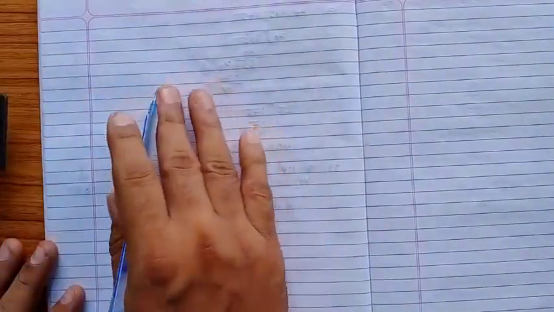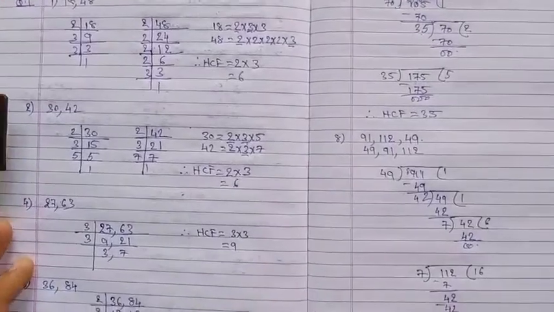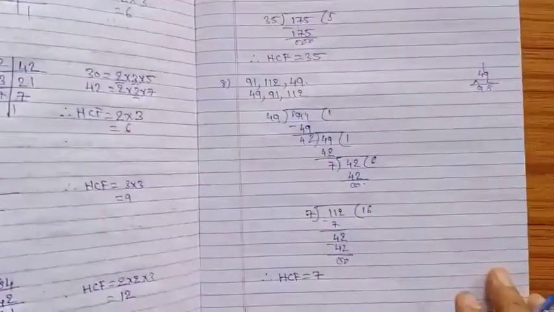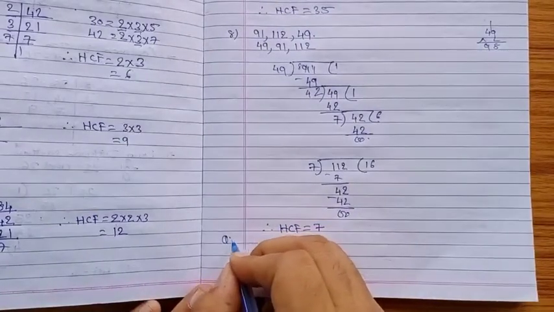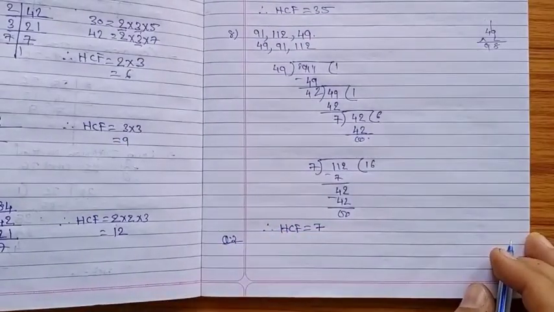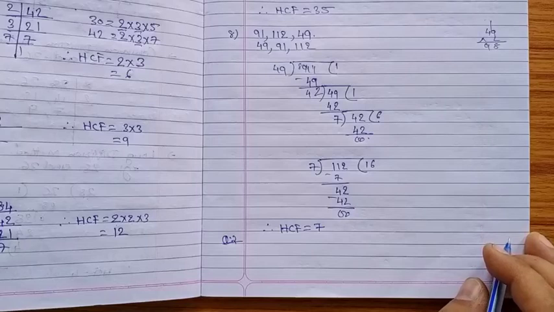Now question number 2 is being given. We'll do it here only. It is given, what is the HCF of 2 consecutive numbers?